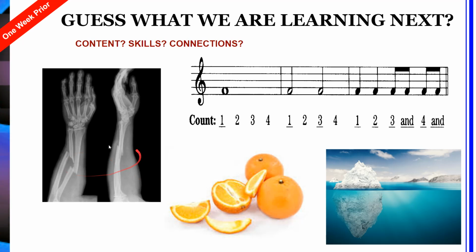This is a broken bone, so there's a whole bone that should be, but it's broken. We have a whole note, we have quarter notes, so we have these different rhythms here. We have a whole orange, a half orange, single orange slices. We have an iceberg: what we see on the surface, and then there's going deeper.